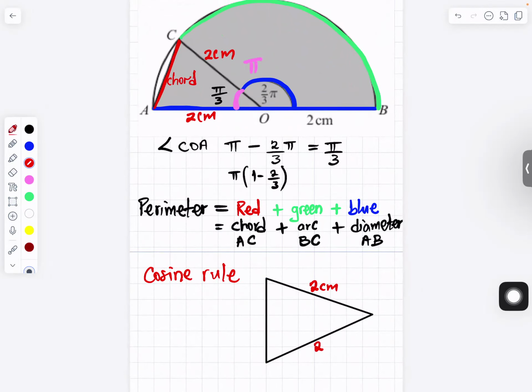The other side is 2 centimeters. Which kind of triangle has the same side? Isosceles triangle, right? If this angle is pi over 3, if you change that to degrees, what angle is that?